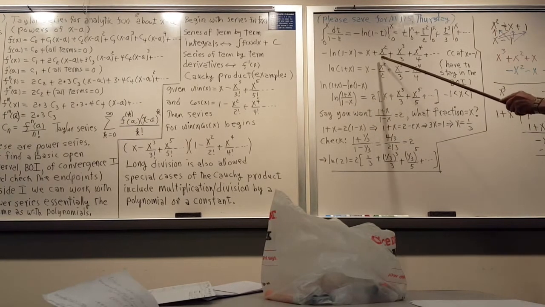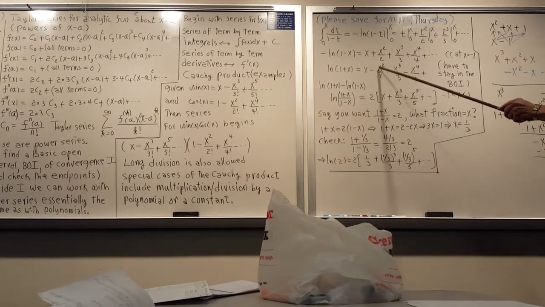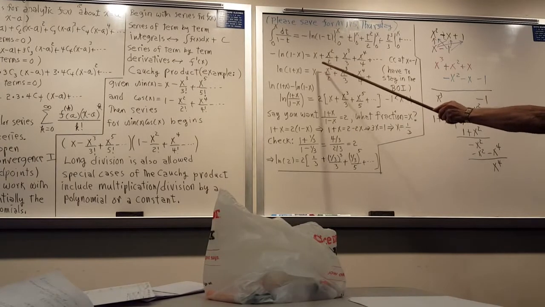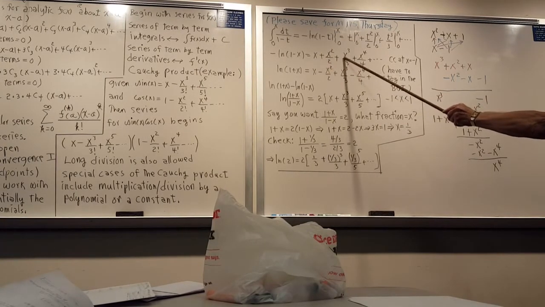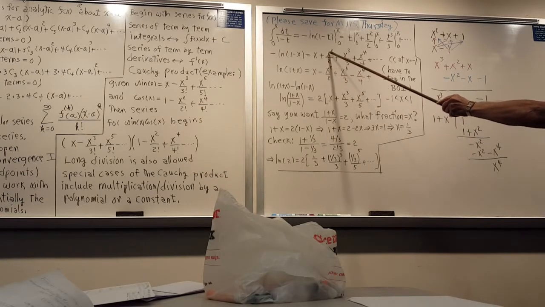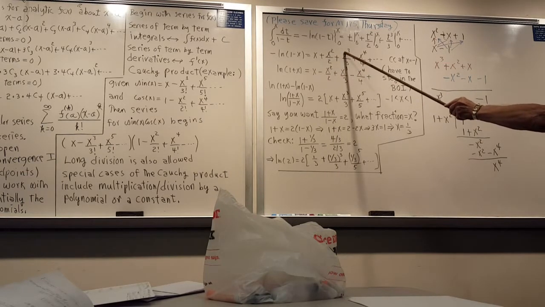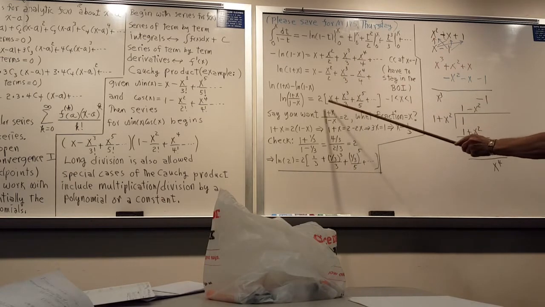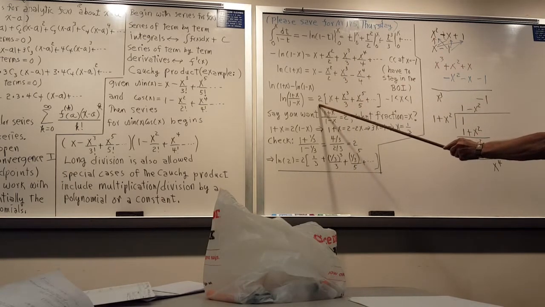And if you add here, half the time these cancel, because you have a plus and a minus, and the other half you're multiplying by 2. You have 2 x's gone, 2 times x cubed over 3 gone, and so on like that. So factor the 2.